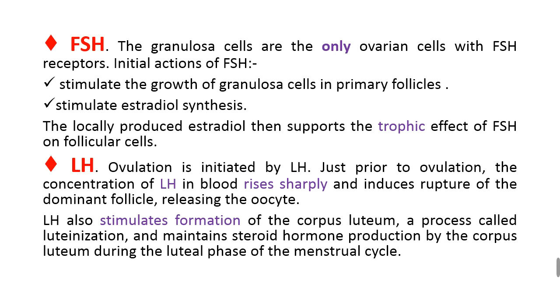How? Ovulation is initiated by the effect of luteinizing hormone. Just prior to ovulation, I mean at day 14, the concentration of LH in the blood will rise sharply, and it will induce rupture of the dominant Graafian follicle, releasing the oocyte.